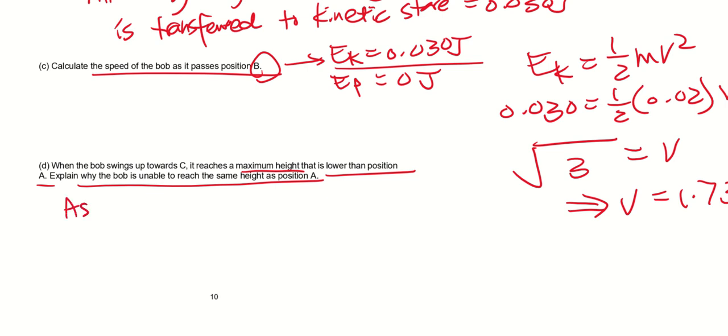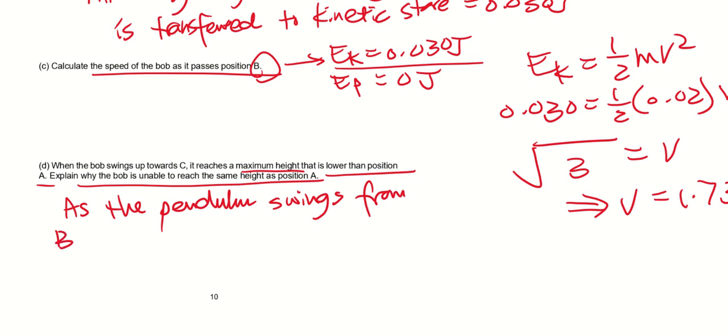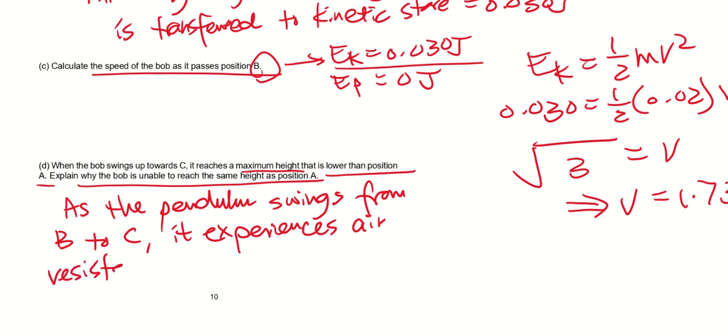So as the pendulum bob swings from B to C, it experiences air resistance, and has to do work.